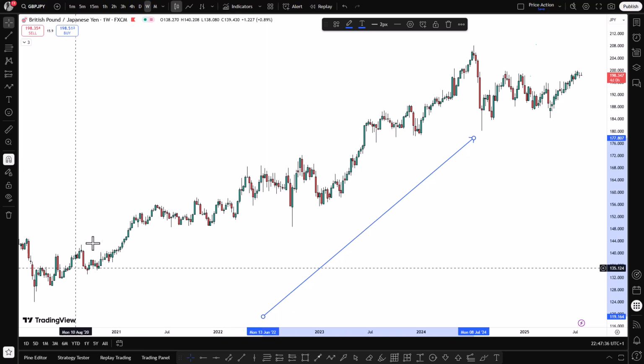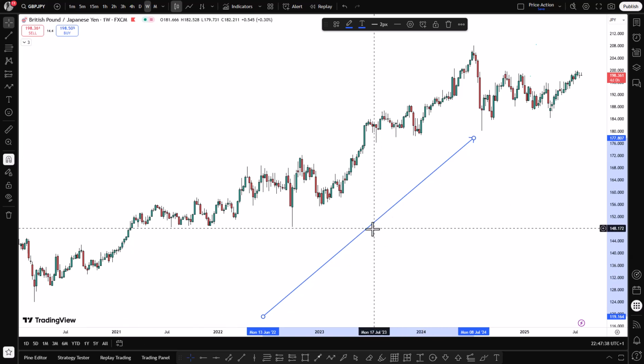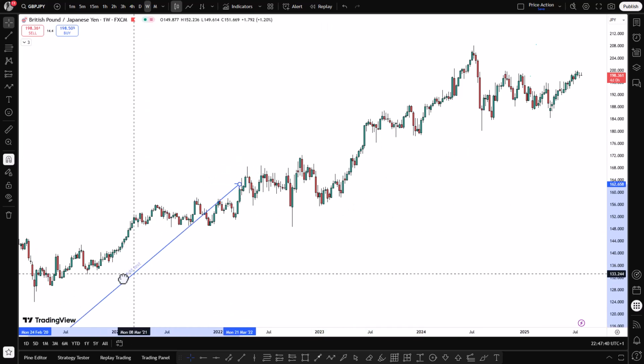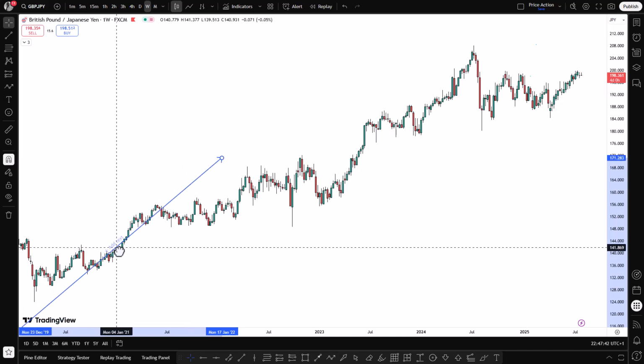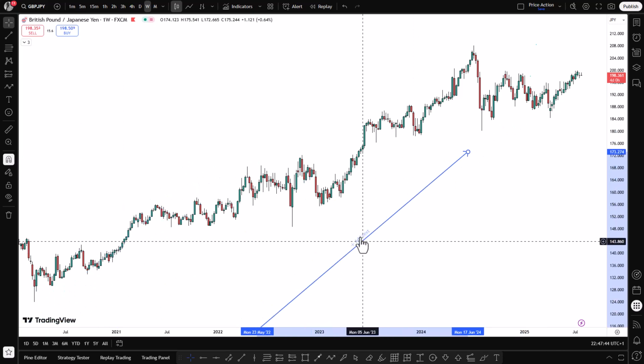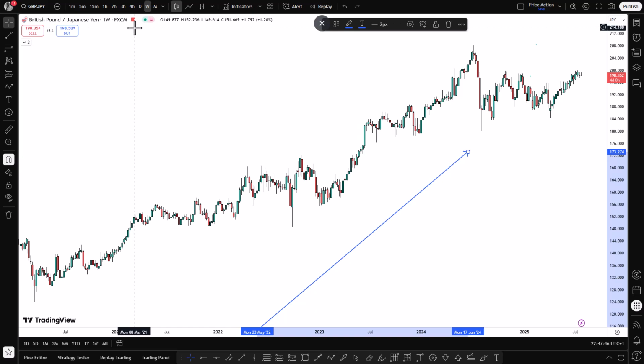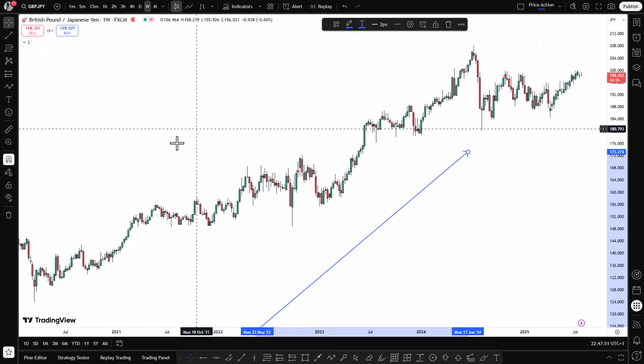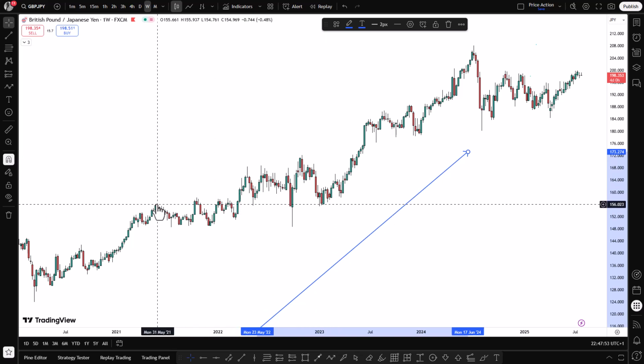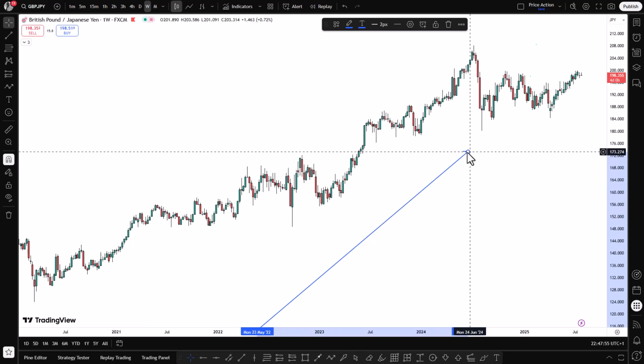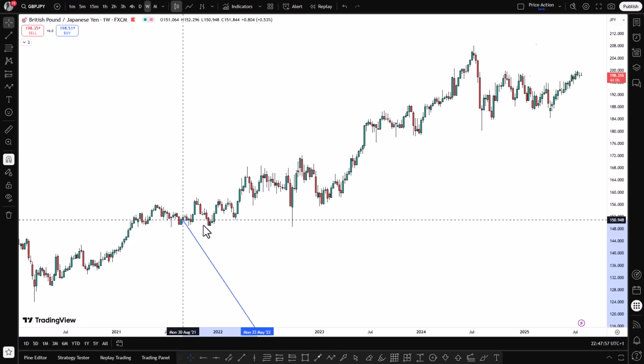Okay, so for this type of trader, let's say he did his analysis way back here and he found out that price is consistently making higher highs and higher lows. If this was a position trader looking at taking a position in the direction of the trend based off of the weekly time frame, then it would not be uncommon for this trader to find trade entries somewhere around these levels.